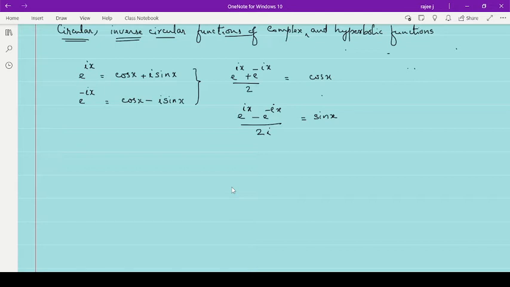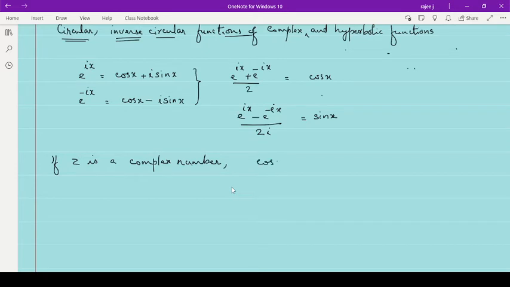Here, if x is a real number, we write all these things. Now if z is a complex number, the formula remains the same. Only thing is, if z is a complex number, then what you will write?